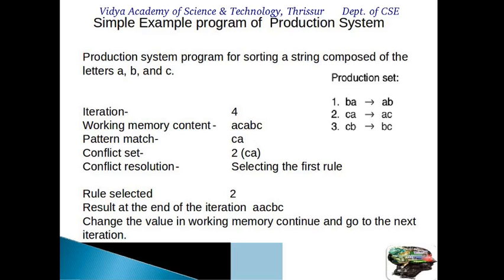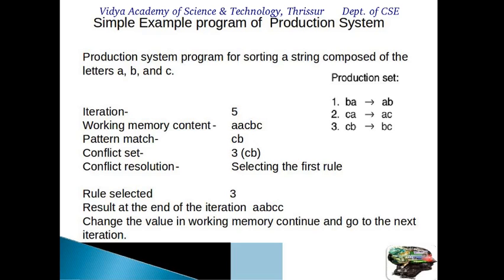There is no selection required because only one condition is satisfied, therefore only one rule has to be fired. So that is fired: CA will be converted into AC. The corresponding change is made in the working memory, and it will go to the next iteration.